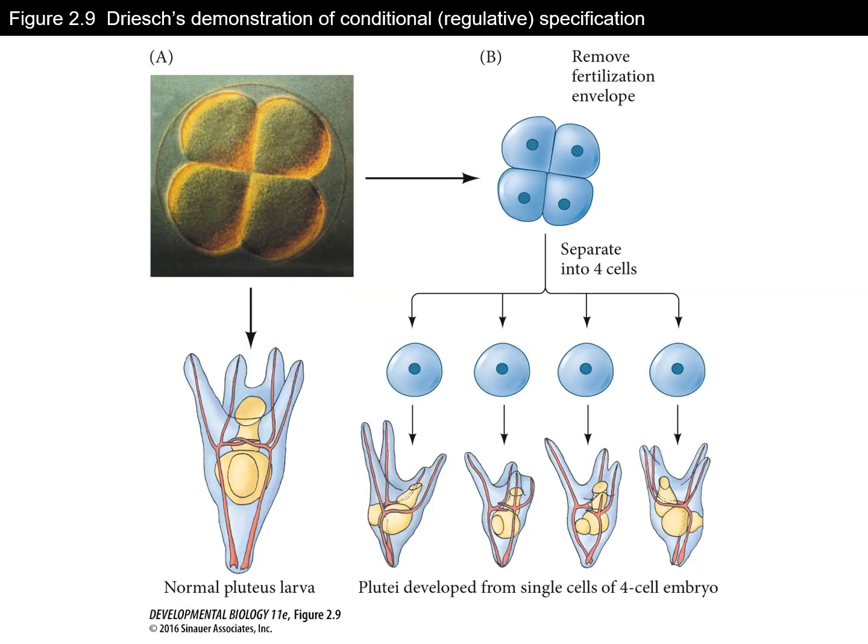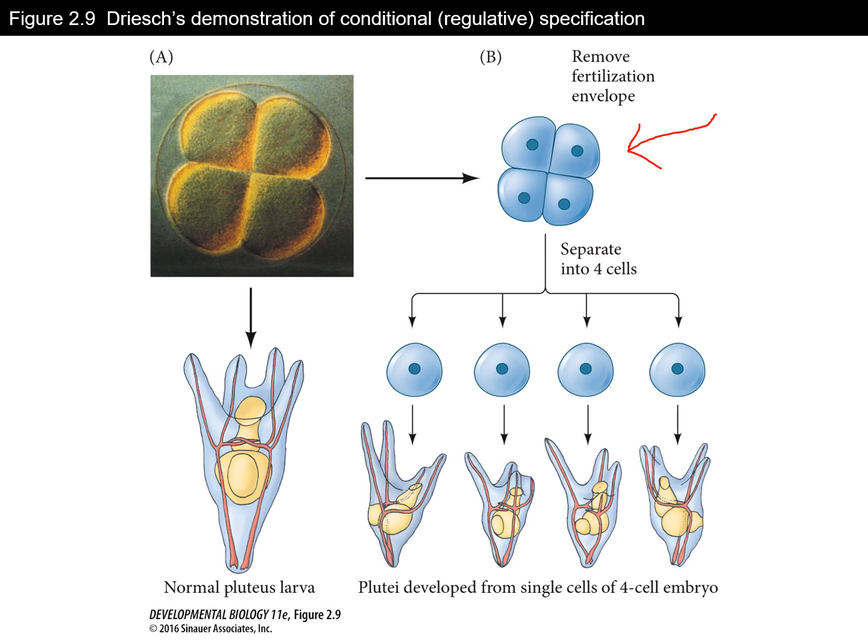So Hans Driesch, another developmental biologist, did another set of experiments to test this autonomous theory. And what he did is he removed the fertilization envelope from around the developing cells and shook them gently to break them apart. He later repeated this experiment using calcium-free seawater to break apart these 4 cells.